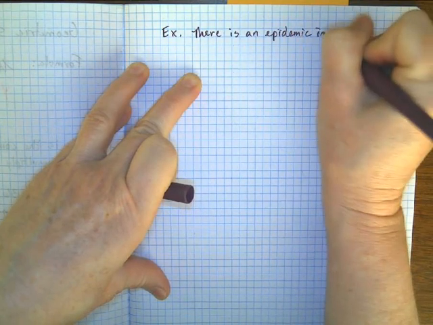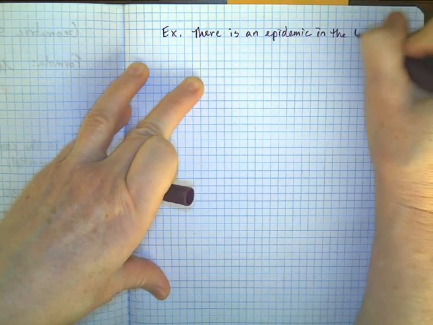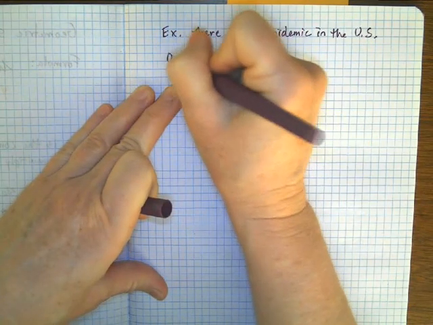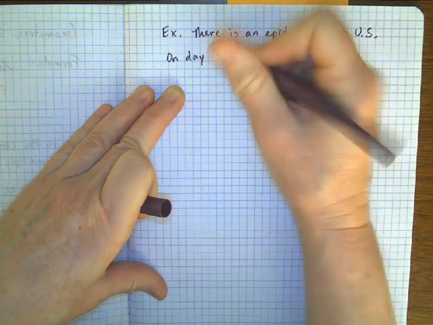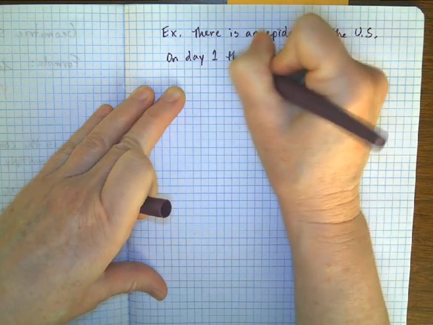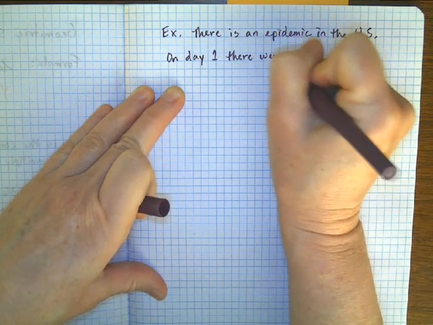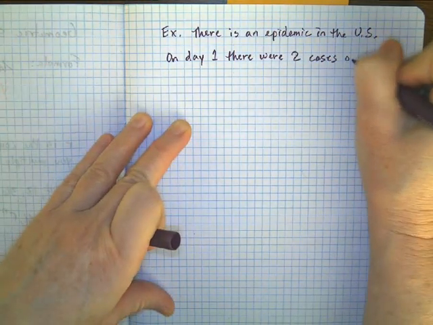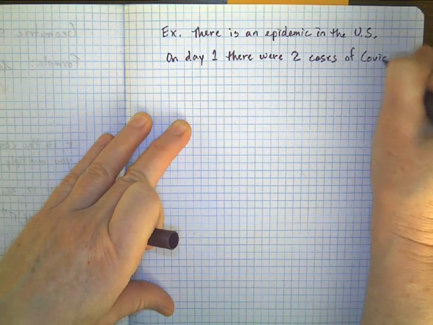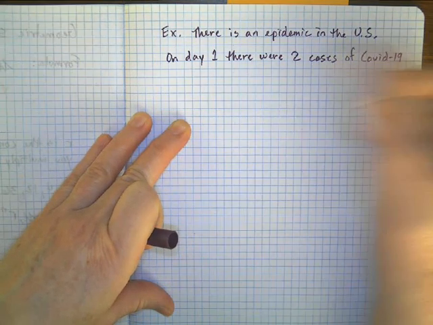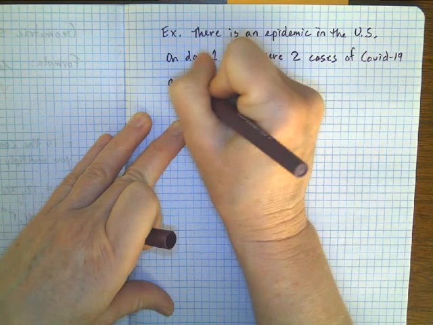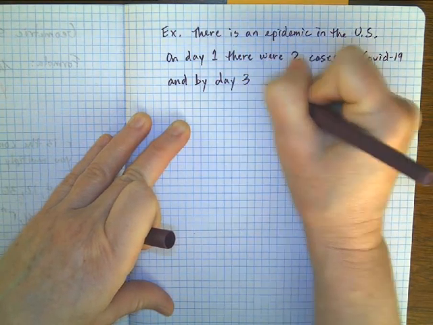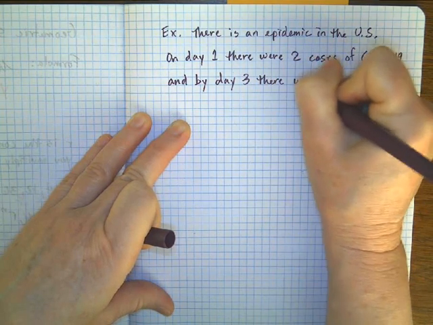In the U.S. Yes, there is. Okay, let's say on day 1, there were 2 cases of COVID-19. And by day 3, there were 50 cases.